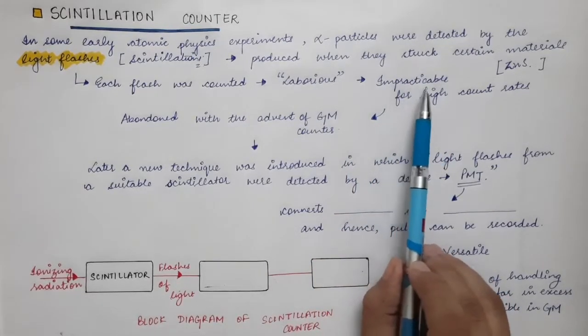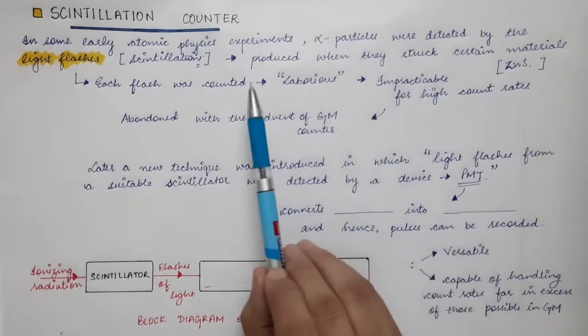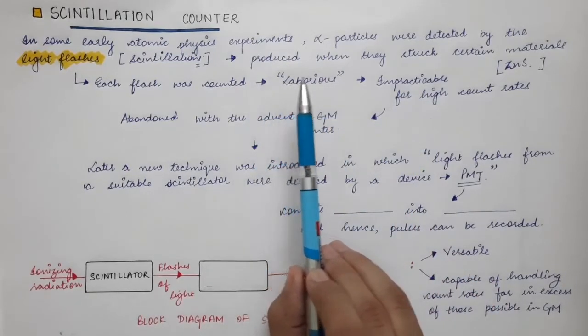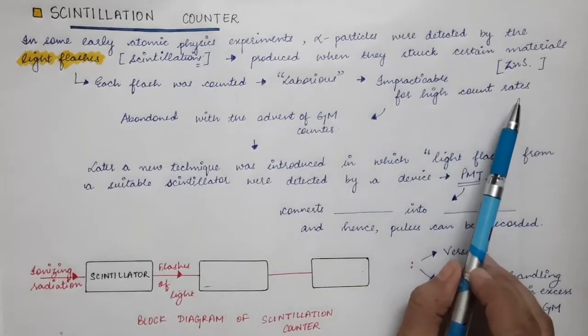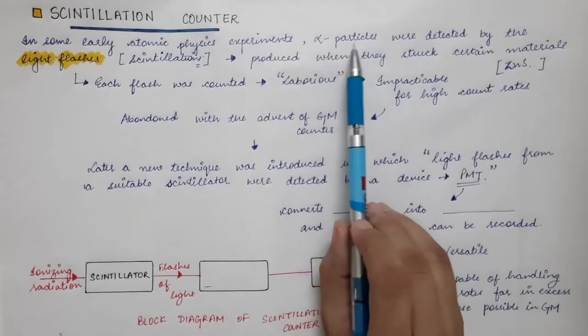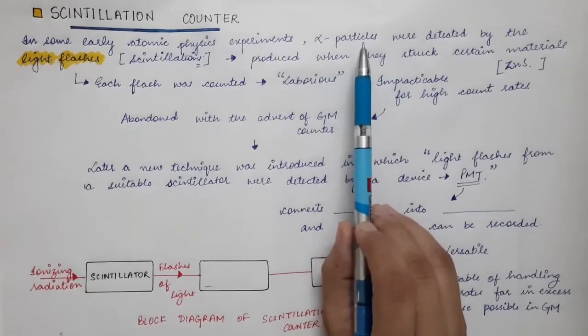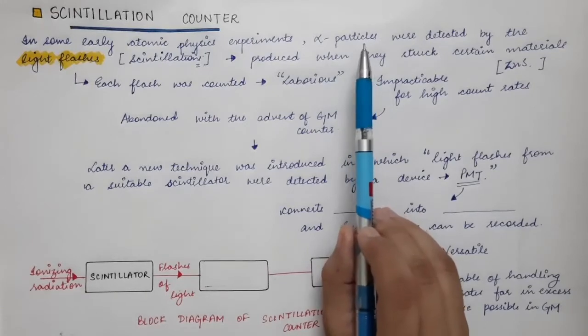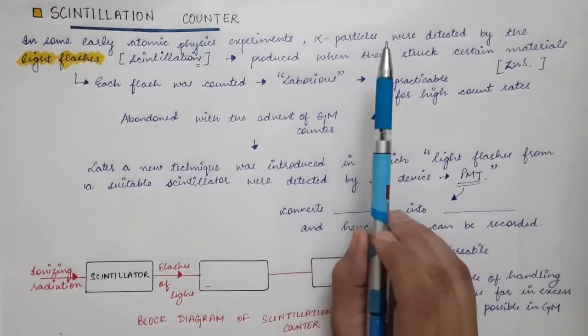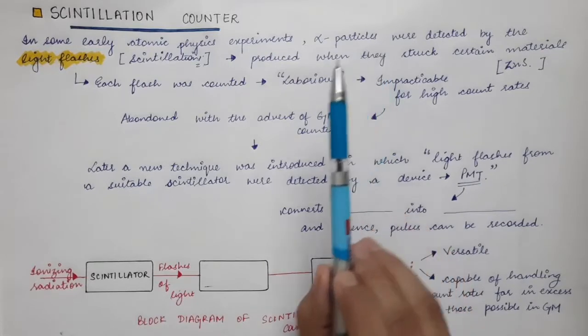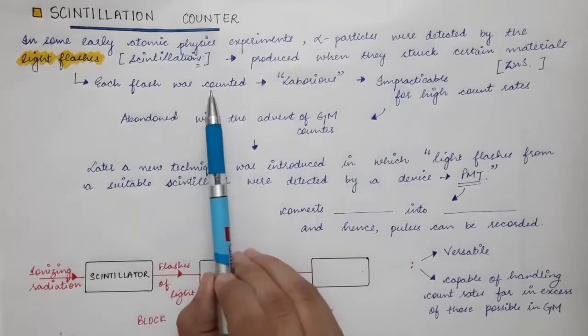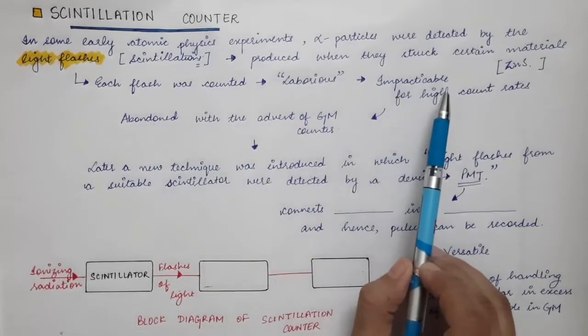And why was it impractical? Because this technique could not be used when you have high counting rates. When alpha particles are entering the fluorescent material at a very high rate, meaning a large number of alpha particles are entering, counting each flash would be impractical.